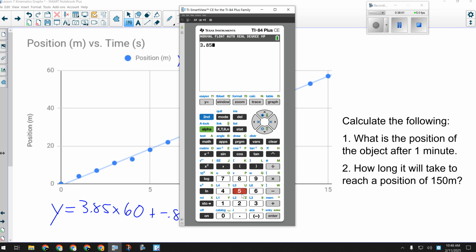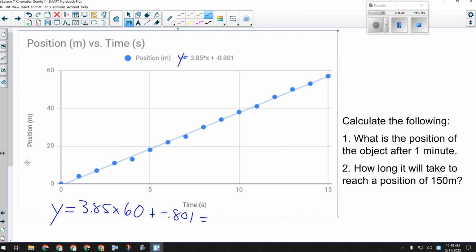So 3.85 times 60 seconds plus negative 0.801. All right, so after 1 minute, this thing will be at a position of positive 230 meters. Everybody all right with that?